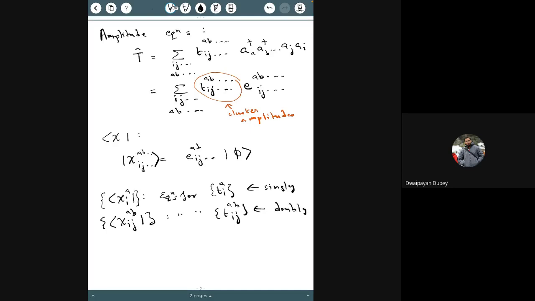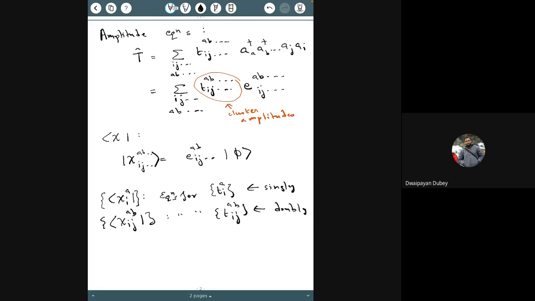So at this point, I'm only talking about the structure. We will have to, of course, get an explicit expression for the cluster operators. But to do that, we have to go through some more mathematical tools, which we will do a little bit later.